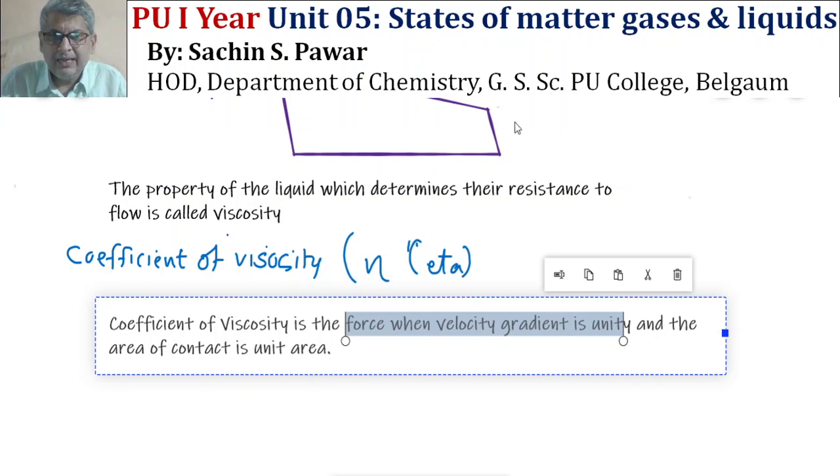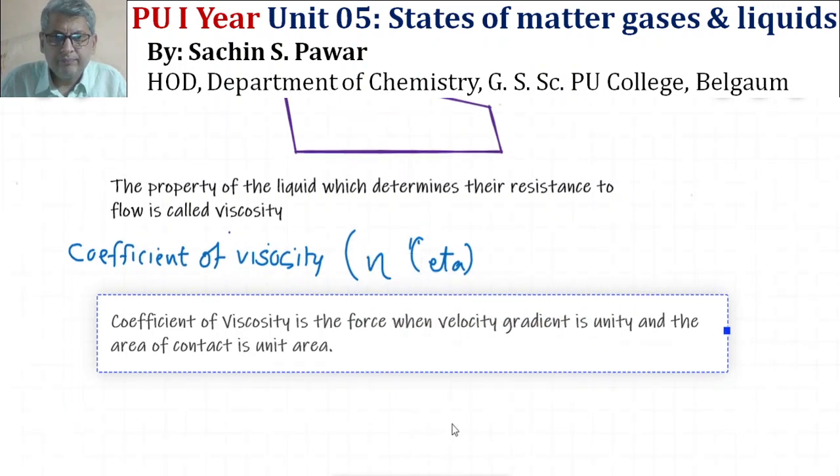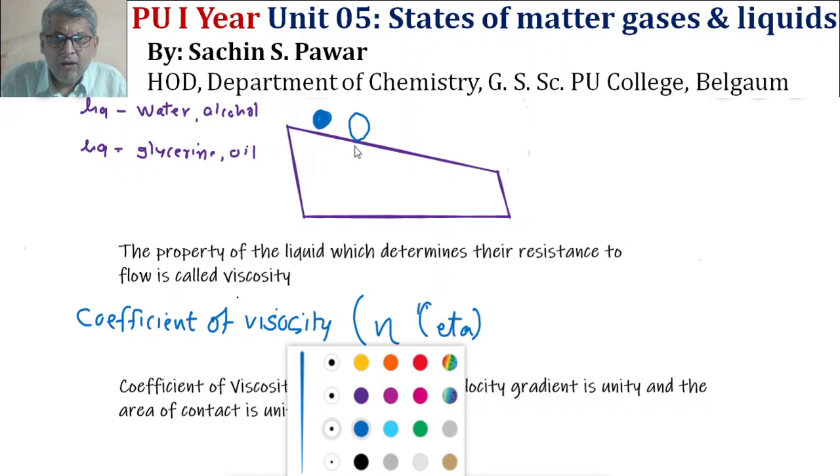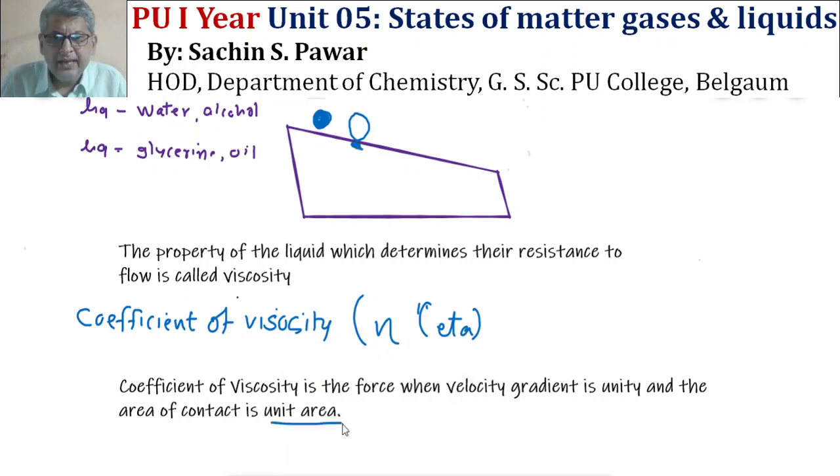So here the particle is moving on the surface. The particle should have unit area of contact, and the velocity with which it is moving should be unity. In that case, that is called the coefficient of viscosity. Symbol is eta.